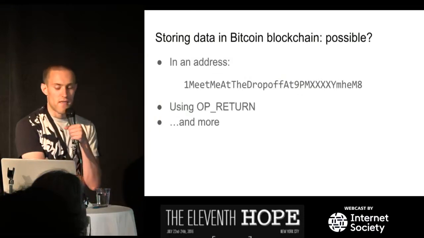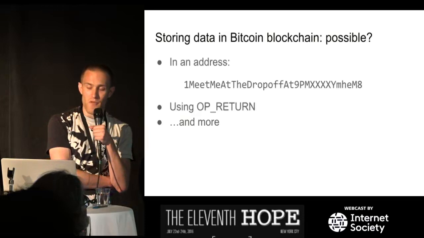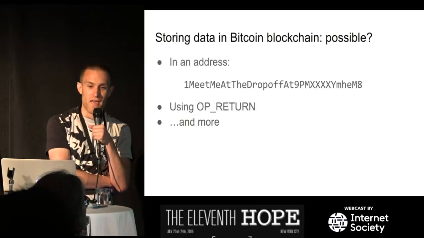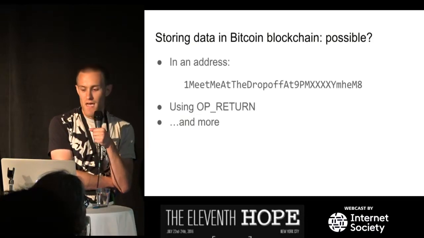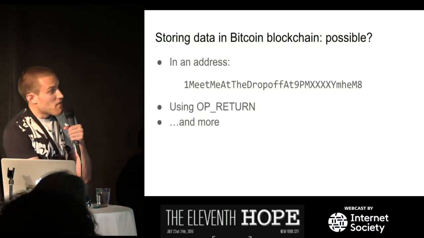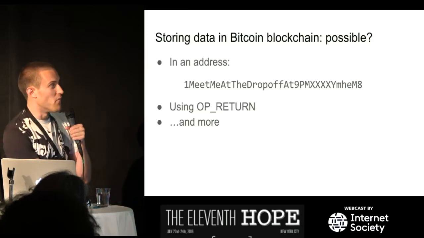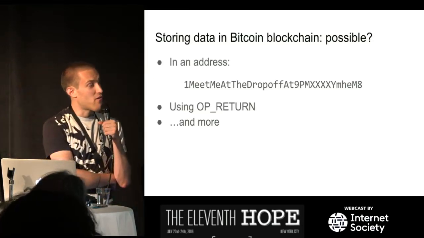So one question about the Bitcoin blockchain is, is it possible to store non-financial data inside the blockchain? I've shown up here an example of how to do that in a human-readable way. This is a valid Bitcoin address.